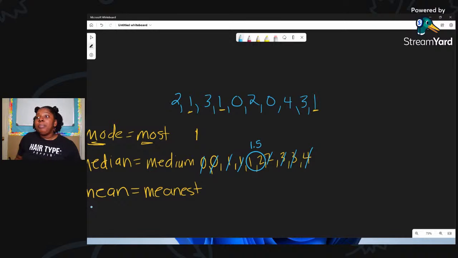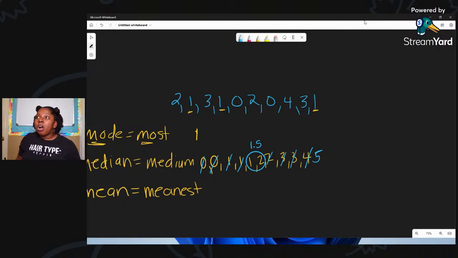Okay, so your median is what's in the middle. When we cross these off, we line them up in order from least to greatest, and then we cross them off one at a time from both sides, and then what's in the middle. Now, let's say I had a 5 here at the end, then the 2 would be in the middle when we were crossing it off, okay?